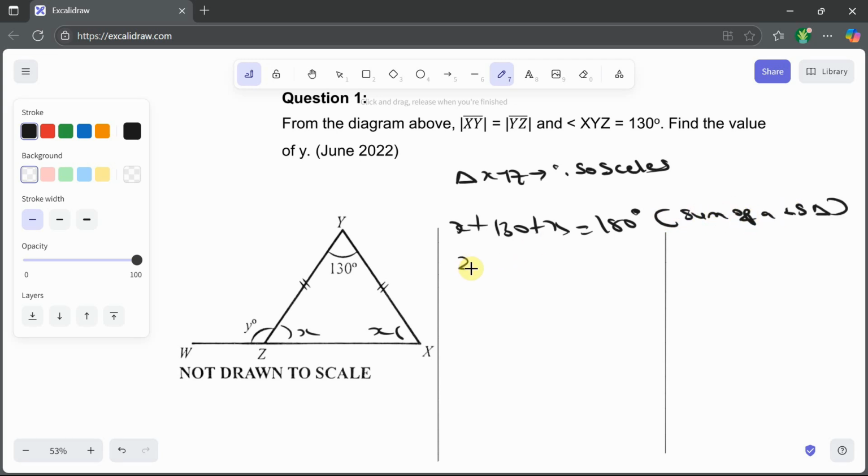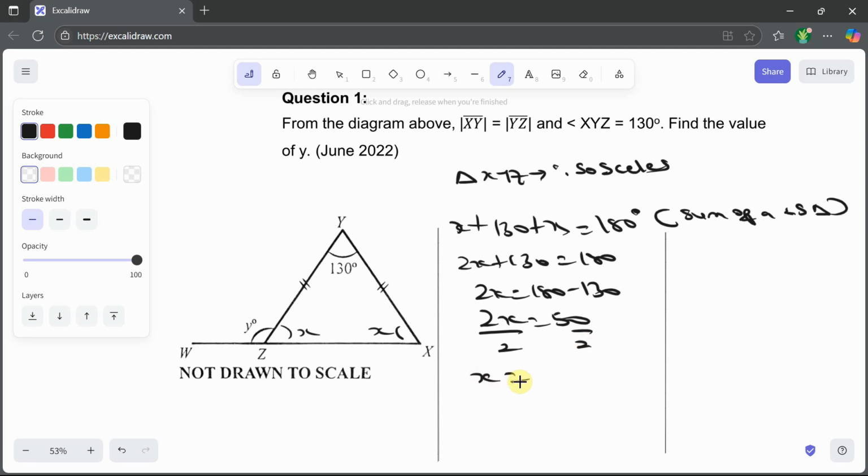So 2x plus 130 is equal to 180, and 2x is equal to 180 minus 130, so 2x is equal to 50, and if I divide both sides by 2, x is equal to 25 degrees.